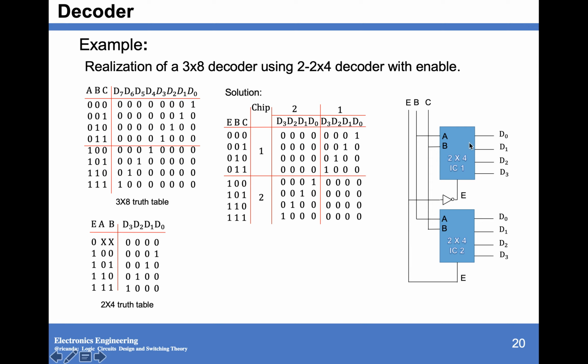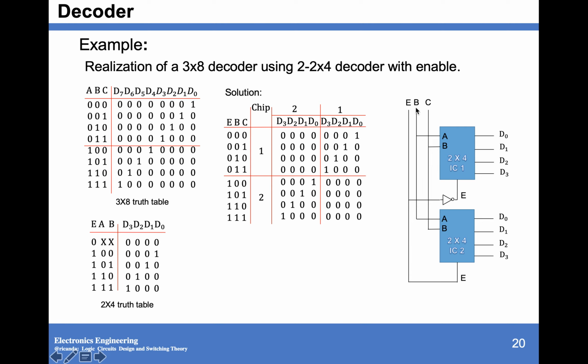So this is your truth table for your 2 by 4. If we have to use a 2 by 4, that's why we use the input variables E, B, C, B, and C for your 3 by 8, and E is our enable from your 2 by 4.